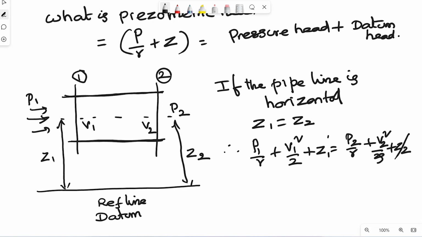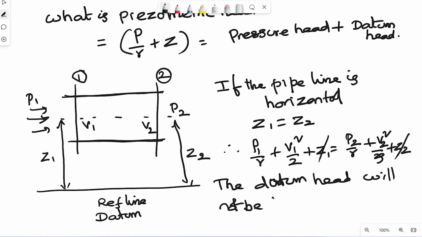As z1 is equal to z2, both will cancel. That means the datum head will not be there in the picture if the pipeline is horizontal.